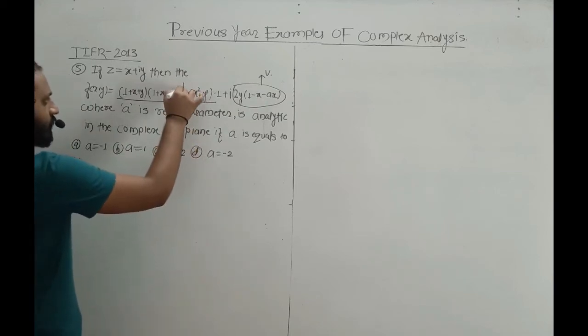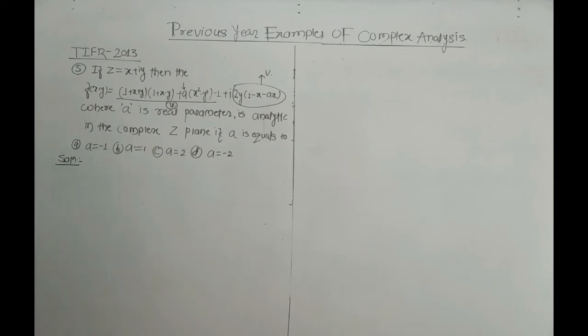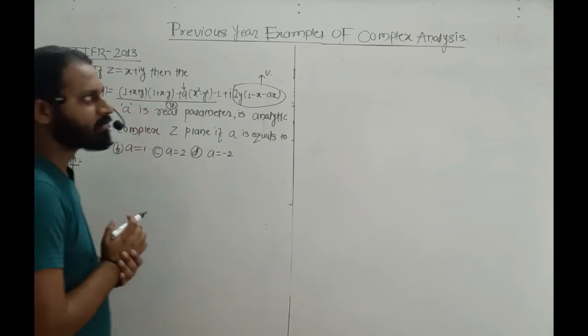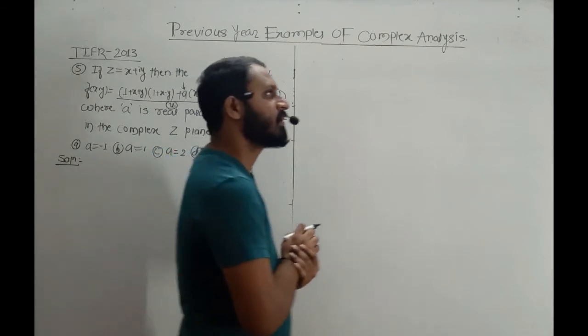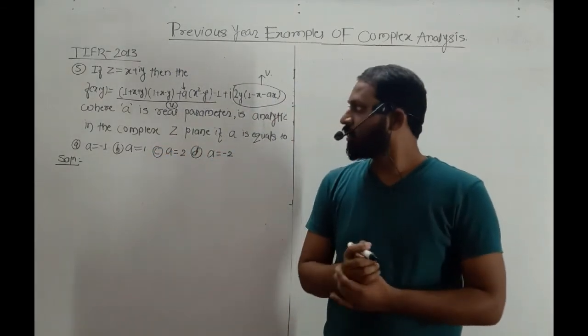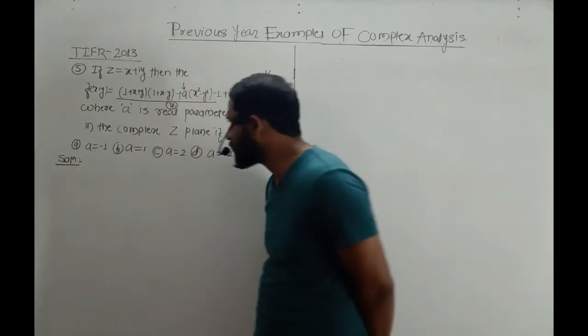Okay, अभी ये जो a है is analytic in complex z plane if a is equals to, then our aim is to find this constant parameter. तो देखिए u है हमारे पास, v है हमारे पास, तो हम using CR equation, okay, you can calculate the constant value a.